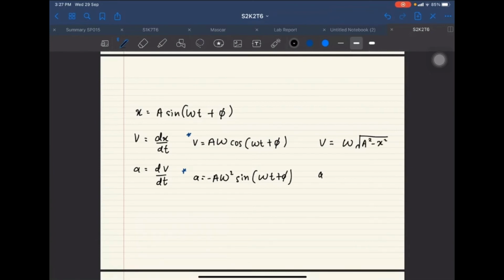A square minus x square. Betul? A square minus x square ke x square minus A square? Confused. So, it is A squared minus x square, betul lah equation tu. Ataupun kalau untuk a, you can use negative omega squared x.